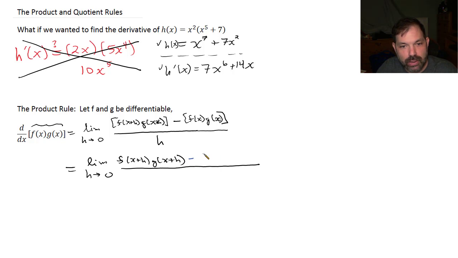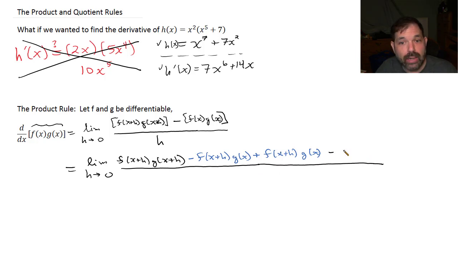I'm going to subtract f of x plus h times g of x, and I'm going to add back that same quantity, f of x plus h times g of x. Effectively, I've added 0 here, which is completely legitimate, right? We're always allowed to add 0. And then I still have the minus f of x times g of x, and this is still all divided by h.